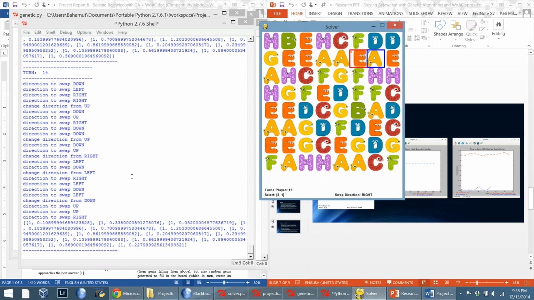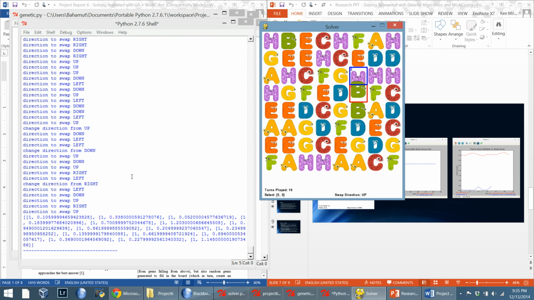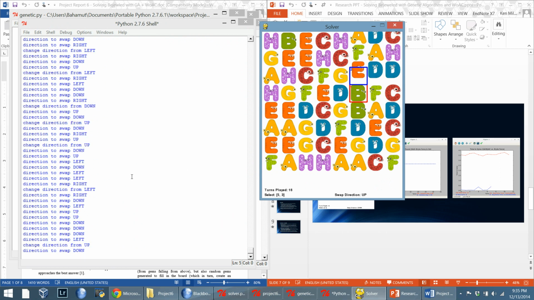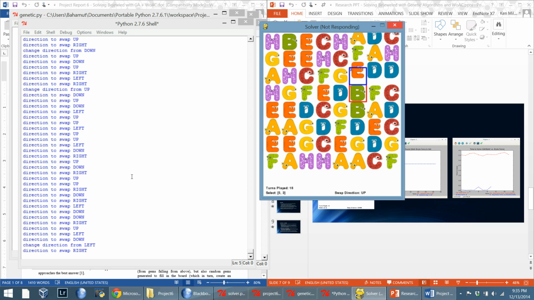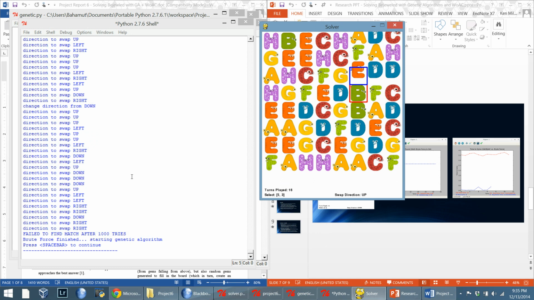You can see that it's skipped past a couple of moves that would have given it more points, but it doesn't care. It just looks for the first move. In this case, it runs through 1,000 different tries before it gives up. And it tends to be fairly good. It tends not to leave anything unfinished. You look around on the board, I don't see any moves available.